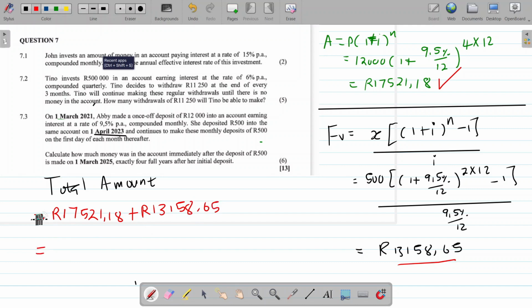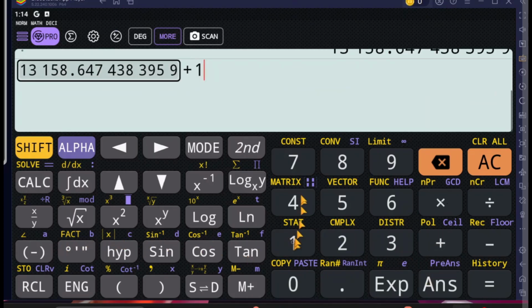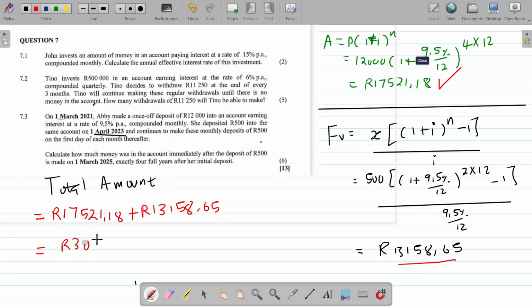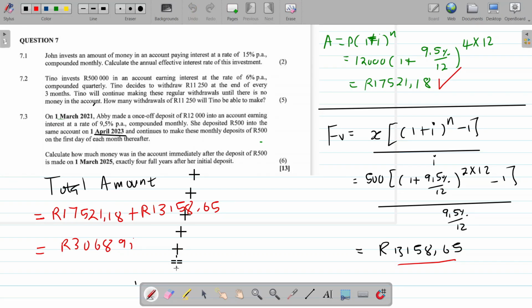We hit this on the calculator, and we get 30,679.83. So this is the total that Abby would get.